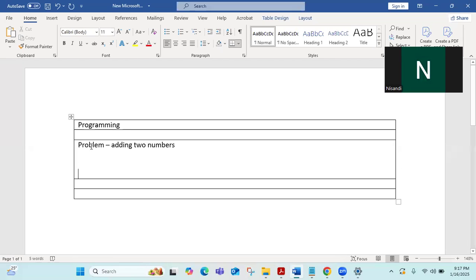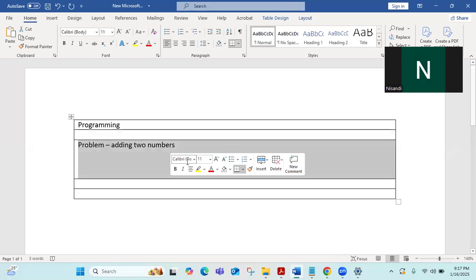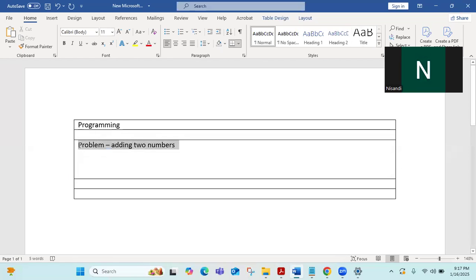So when you have a problem like this, what is the input? If you have a problem, how to solve this one? We discussed these things in grade 8. When you want to add two numbers, what is the input? You have to input two numbers. That is the input.